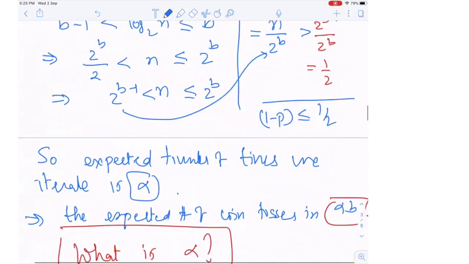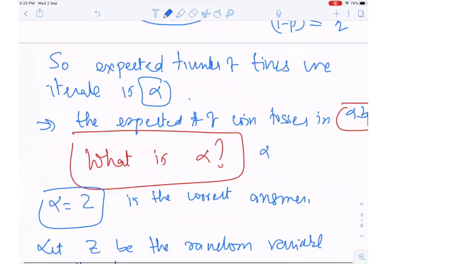And this is why all these people said that alpha is less than or equal to 1 over p, which, what was p for us, is half. So this is why we got 2 here.